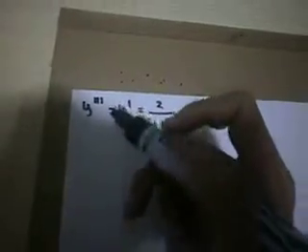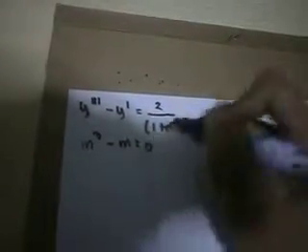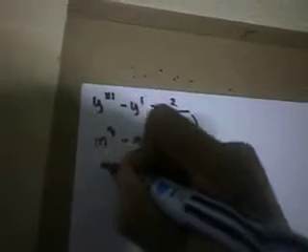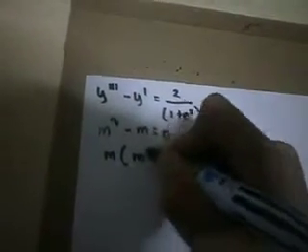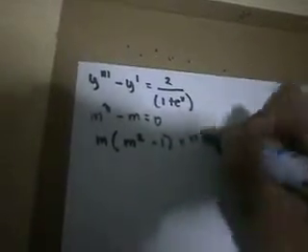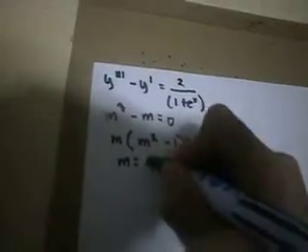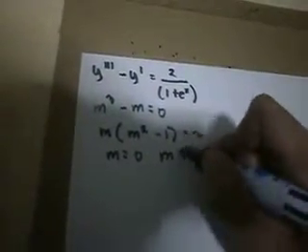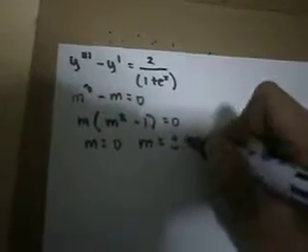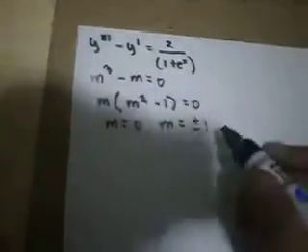In order to solve this one, let's first find the roots. We write m cubed minus m equal to 0, and m times m squared minus 1 equal to 0. We just factored it out, and we have m equal to 0 and m equal to plus and minus 1. So these are our roots.